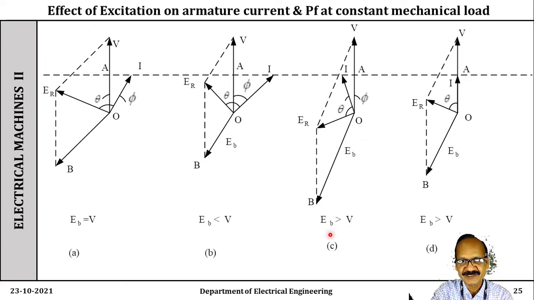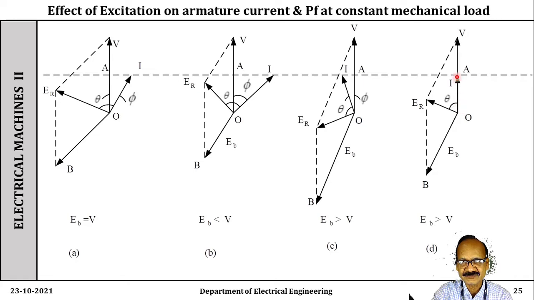Now if you observe figure C, here the excitation is more than 100% and we can say it is an overexcited case. In this case also, the current is leading the voltage by an angle phi and the magnitude of the current is large and EB is greater than V. Now at a certain excitation, in figure D, the armature current is in phase with the voltage and its magnitude is minimum, that is OA.